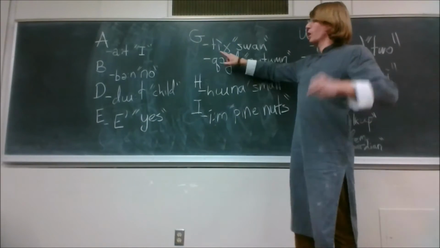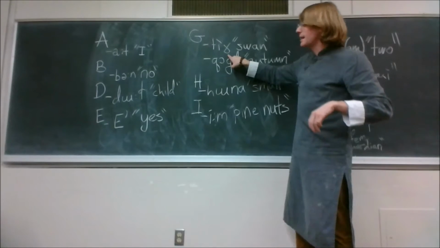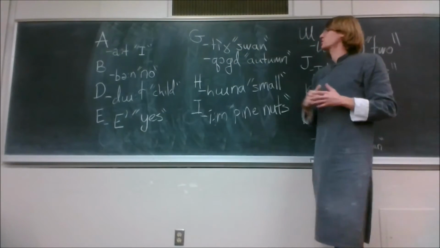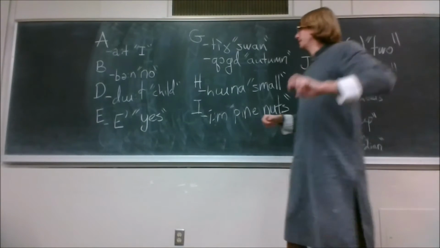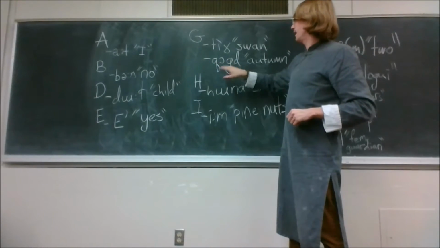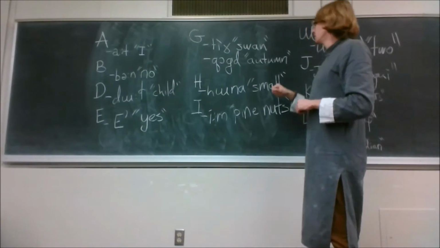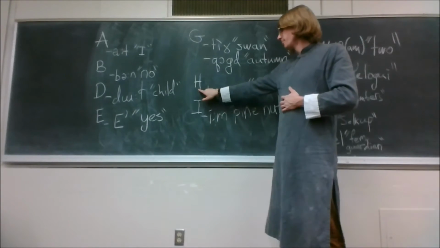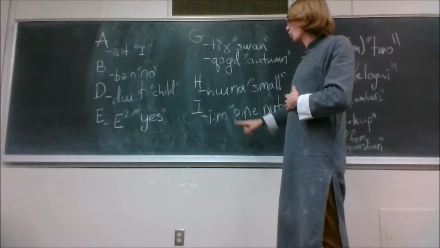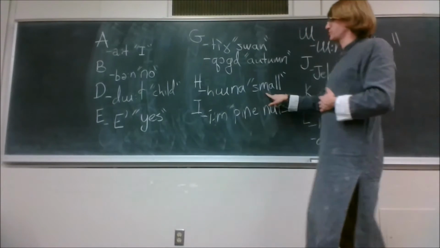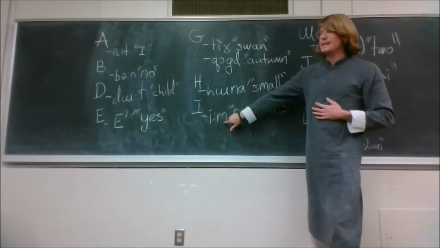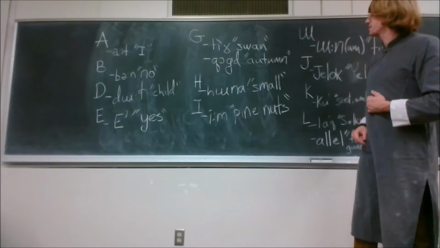Ge is for, we have two, teeth, meaning swan. Second, we have ge for cold, meaning autumn. He is for hina, meaning small. E is for im, or pine nuts.